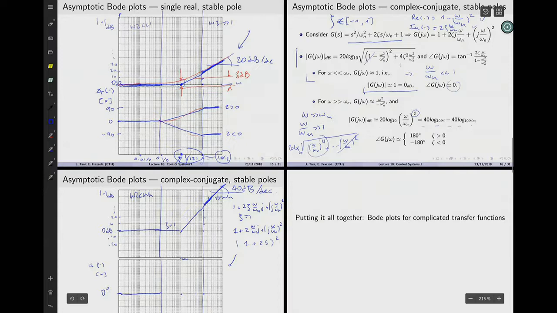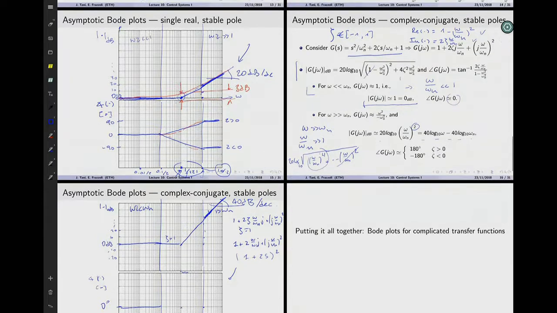Now, what if zeta is equal to 0? Let's look at the extremes, right? Let's look at the magnitude. If zeta is equal to 0, this term goes to 0, right? And what happens in this point here? Well, in this point here, omega is equal to omega n.